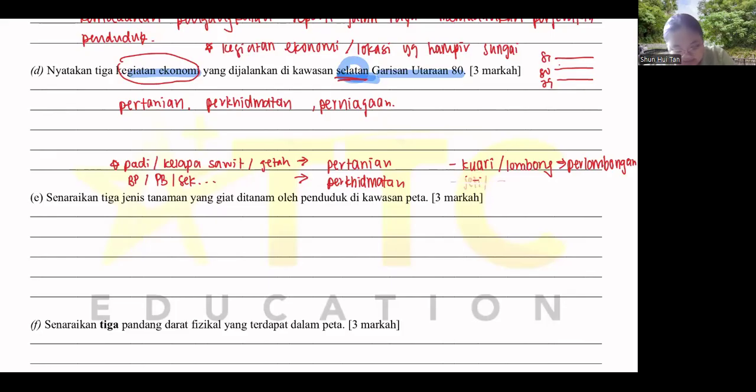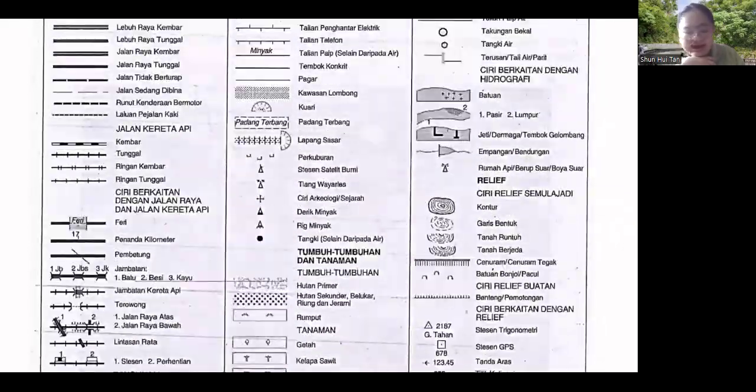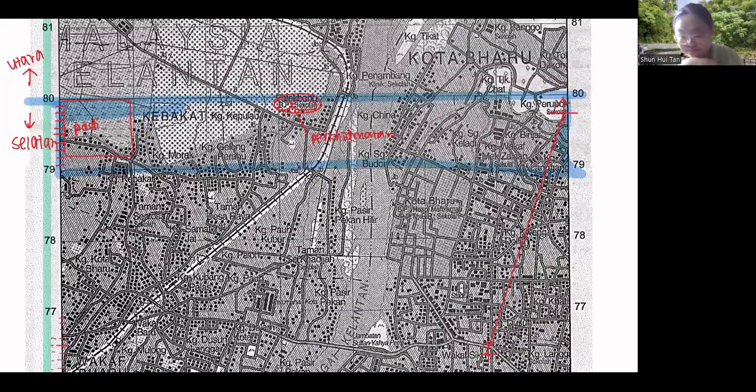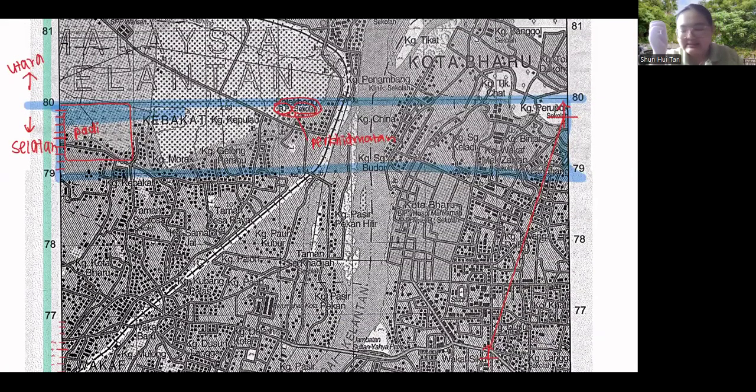Perikanan. Normally, I cannot guarantee, okay? If you really cannot read, I mean, you can't see anything in the map, I cannot say it's a cheat, you can take a guess on your answer.